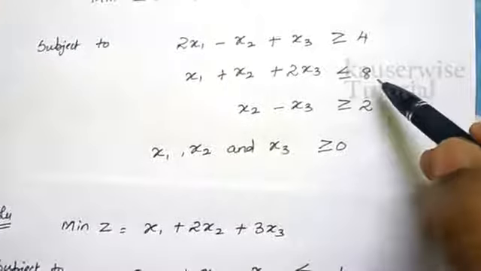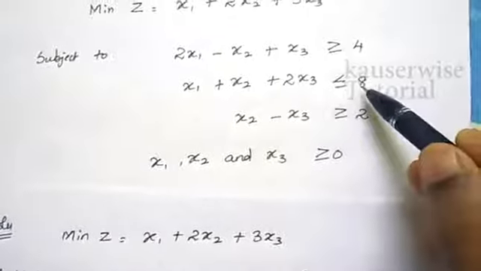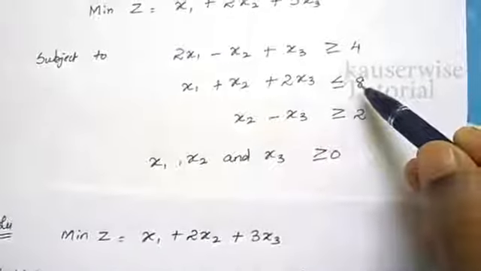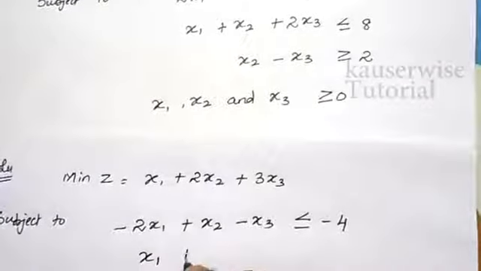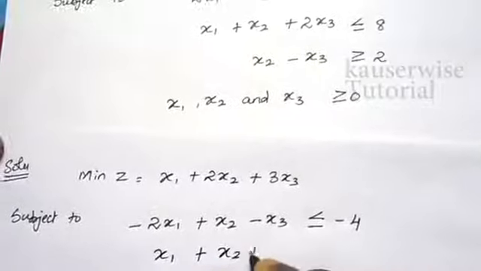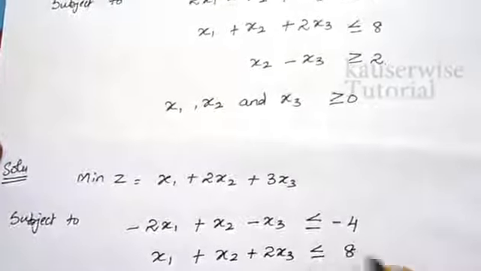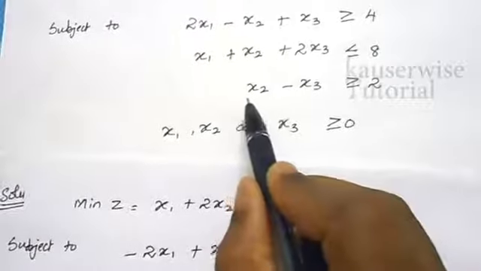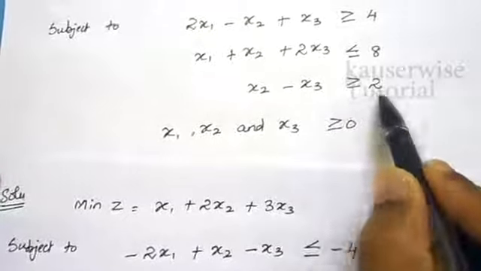Look at the second constraint. The second constraint is less than or equal to type, so we need not change anything. Simply write the same expression. Third constraint, minus x2 plus x3 less than or equal to minus 2.